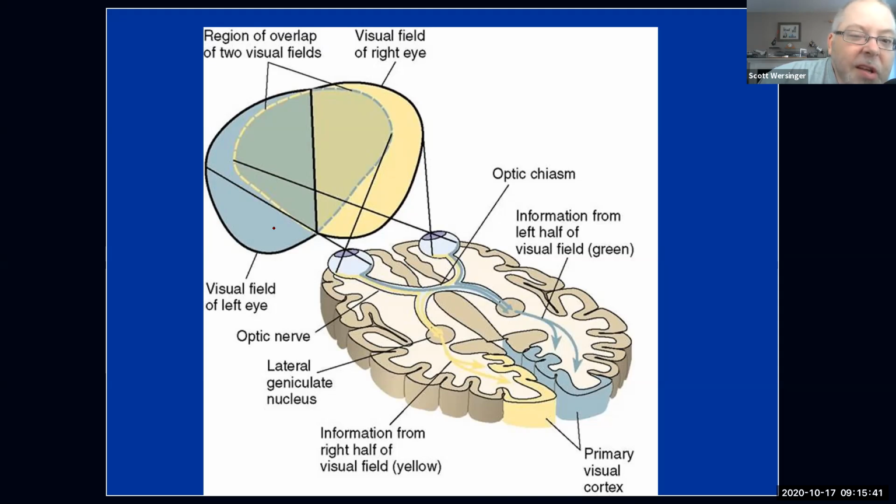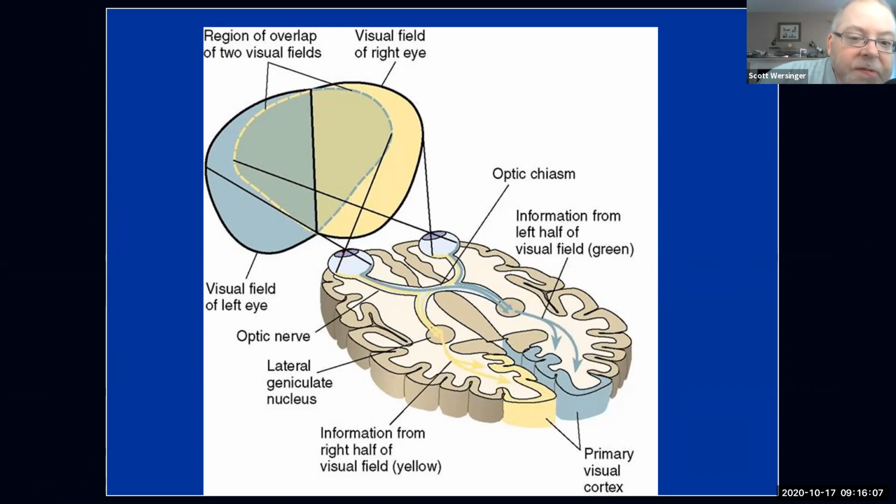You can test that yourself. Close your right eye. Can you see on your left? Yeah. Is there information from your right visual field in your left eye? I can't see quite as much just because of the spacing of it, right? But I can see to my right with just my left eye. Okay, so both eyes are going to get information from both the left and the right visual field.